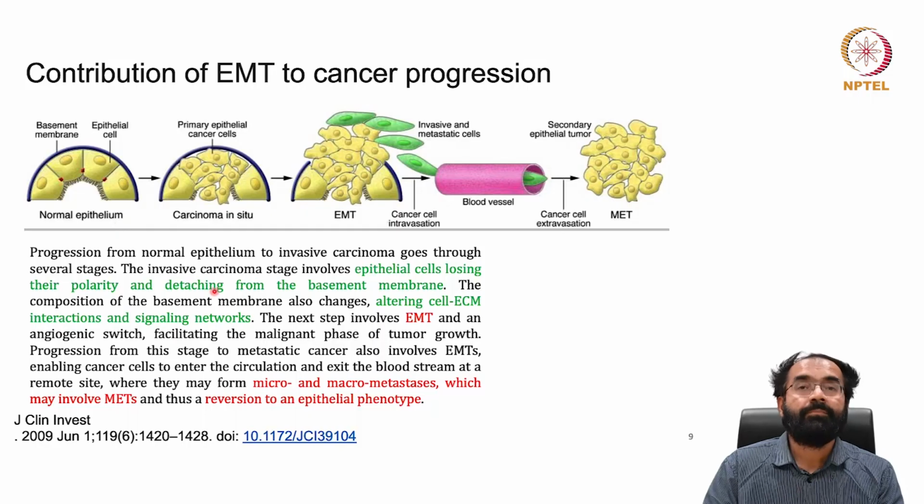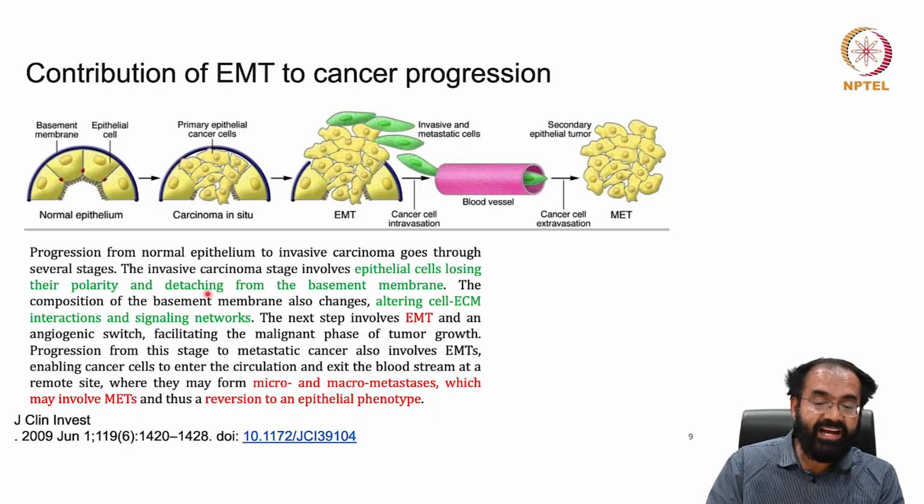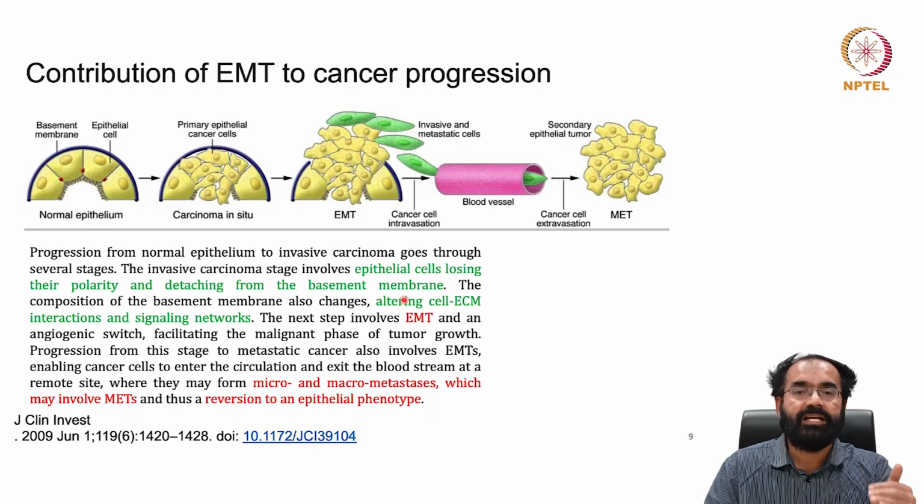Progression from normal epithelium to invasive carcinoma goes through several stages. The invasive carcinoma stage involves epithelial cells losing their polarity and detaching from the basement membrane. That is the initial stage.